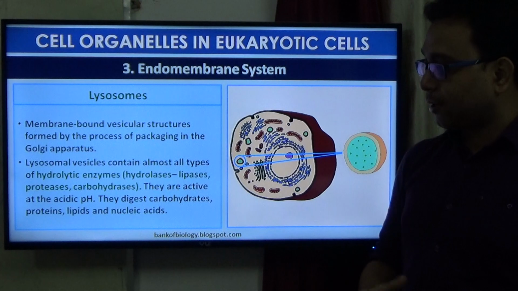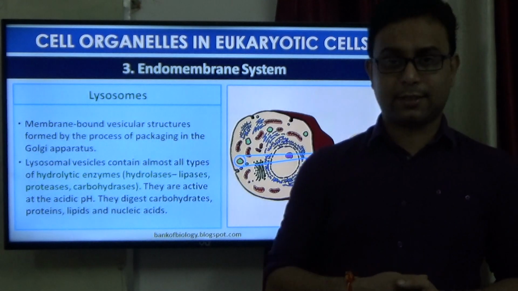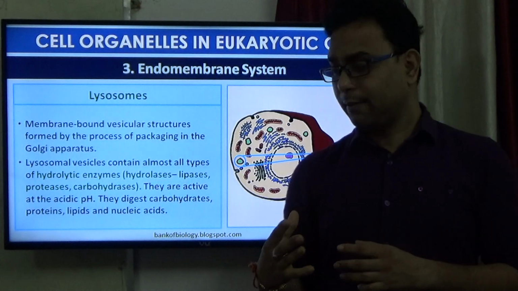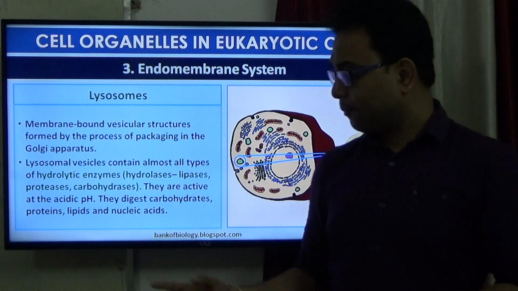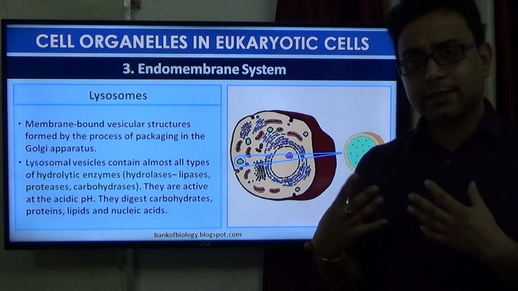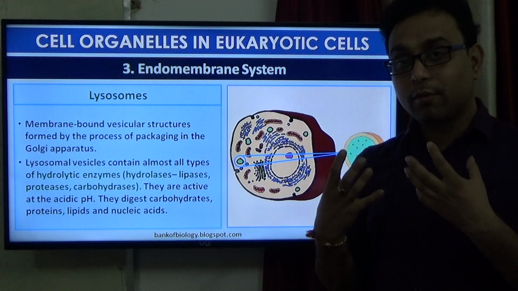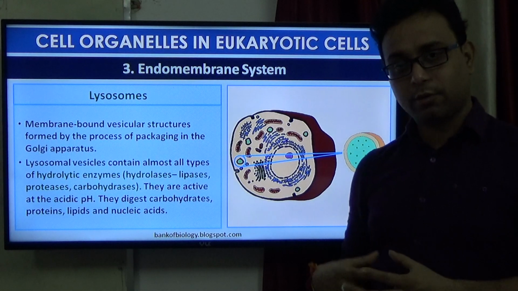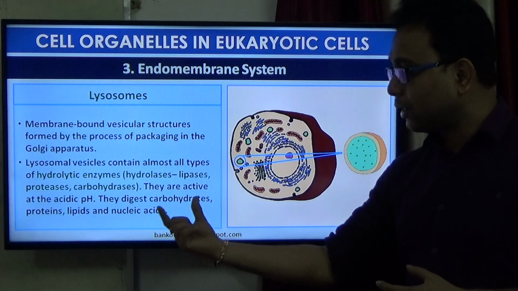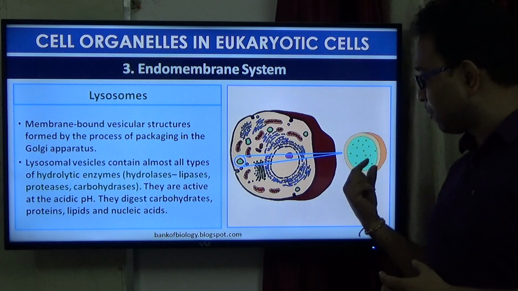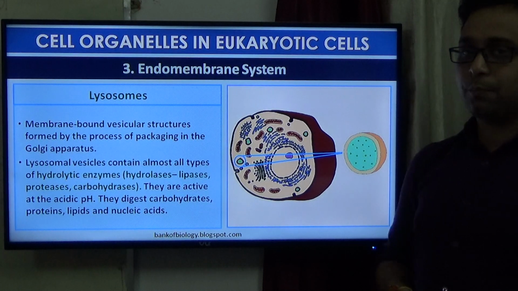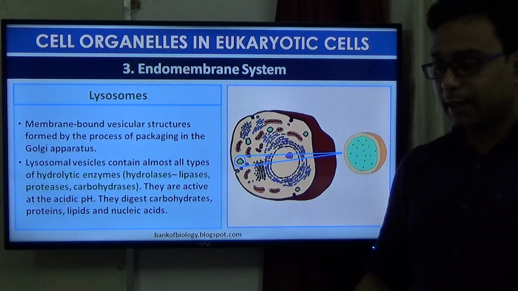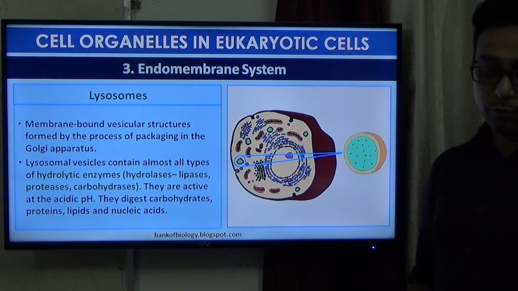So they digest carbohydrates, proteins, lipids and nucleic acids. Bear in mind here lipase, protease and carbohydrase. But for nucleic acid, which enzyme degrades this? The nuclease. So you should also say that the nuclease enzyme is also present in the lysosome. These are the four different types of enzymes from your NCERT point of view.